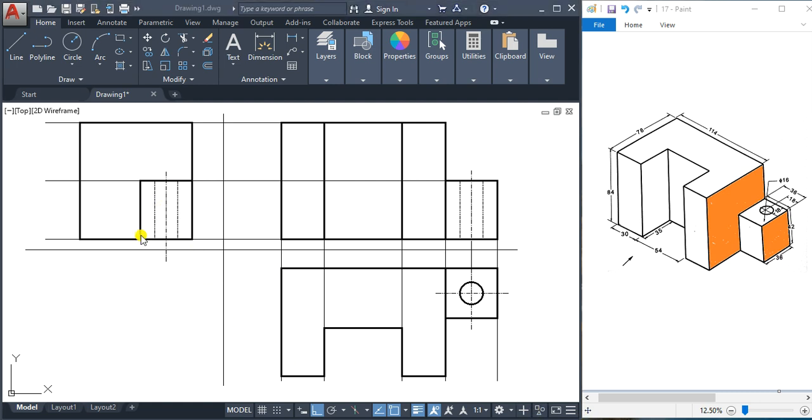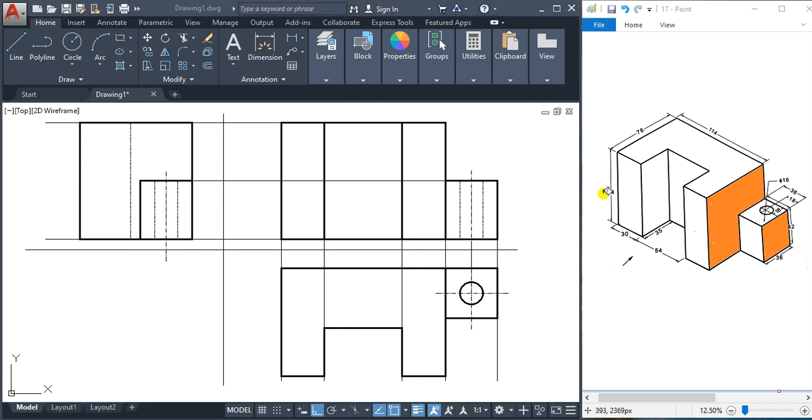So like this, and here now we'll represent this slot. So if you draw a line at a distance of 35 from this line, that will be represented. So first of all I will measure 35 from this point, and we'll draw a vertical line here, and we'll make it a dotted line.